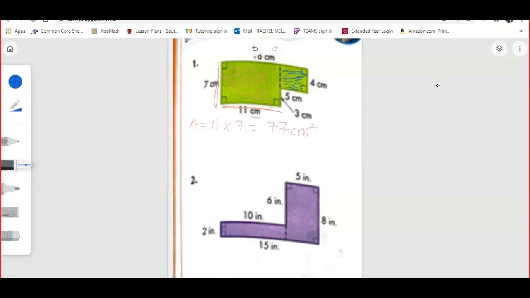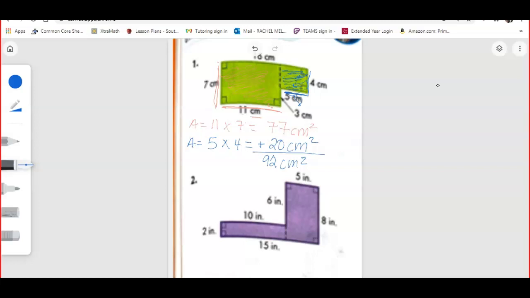The length is right here, so that's 5 centimeters. And the width is right here, so that's 4 centimeters. 5 times 4 is 20 square centimeters. So if I add them together, I get 92 square centimeters.